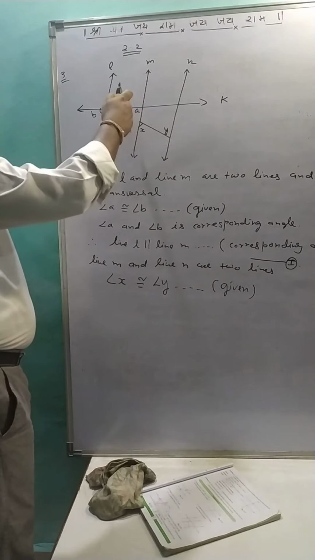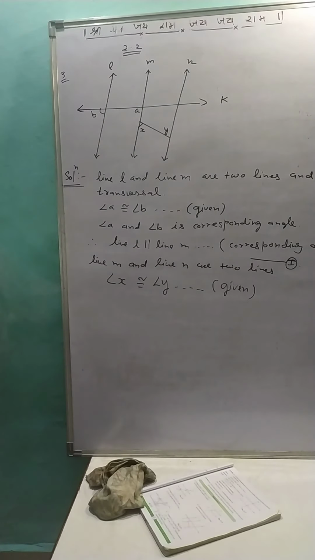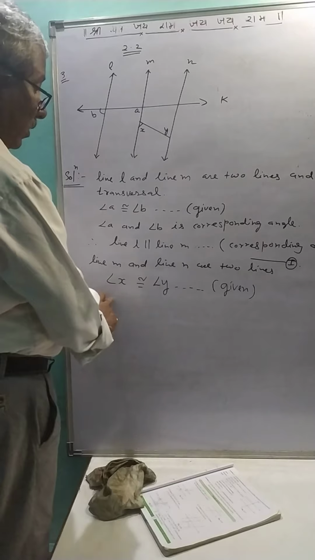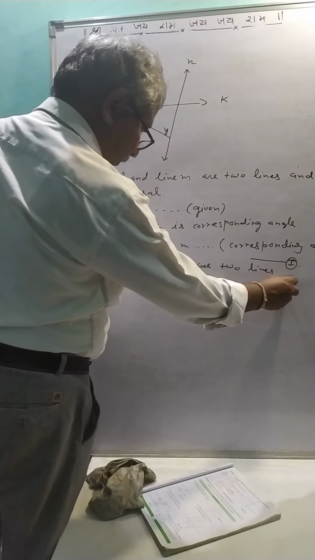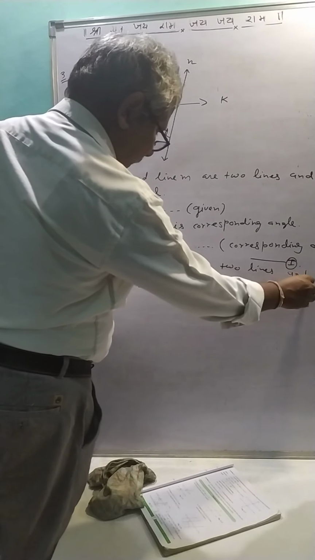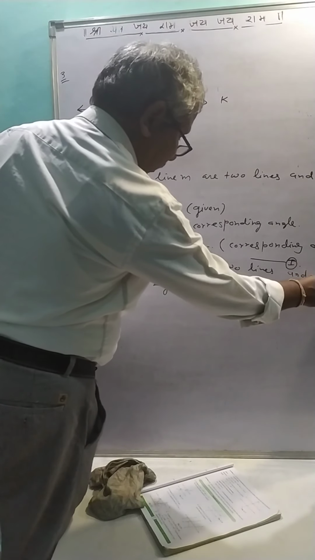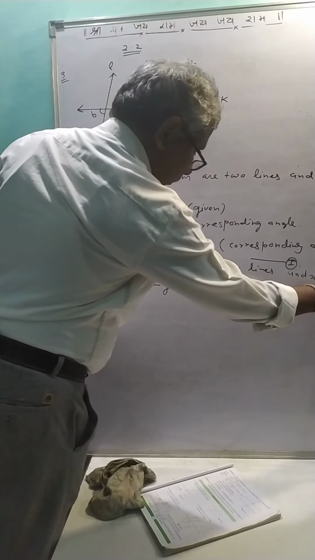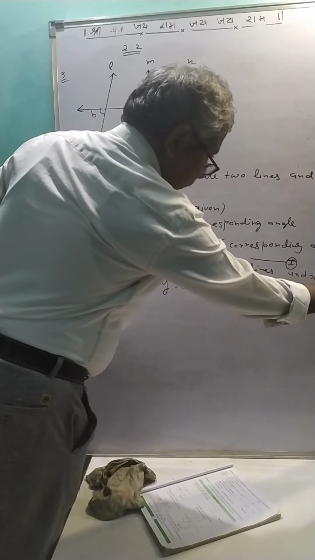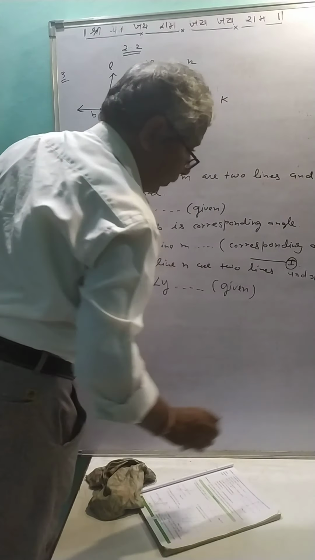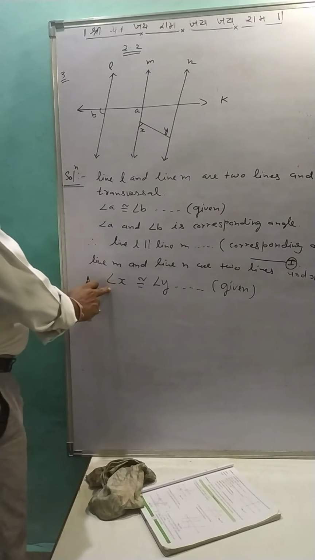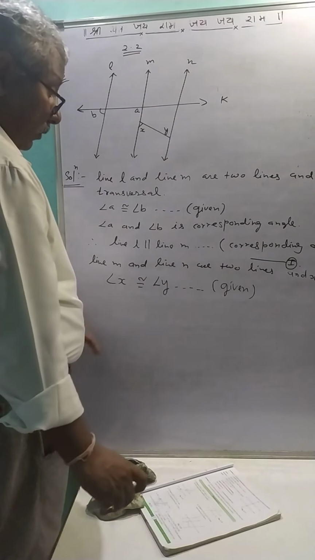Suppose XY is the transversal. And XY is transversal, and angle X is congruent to angle Y. This is the given.